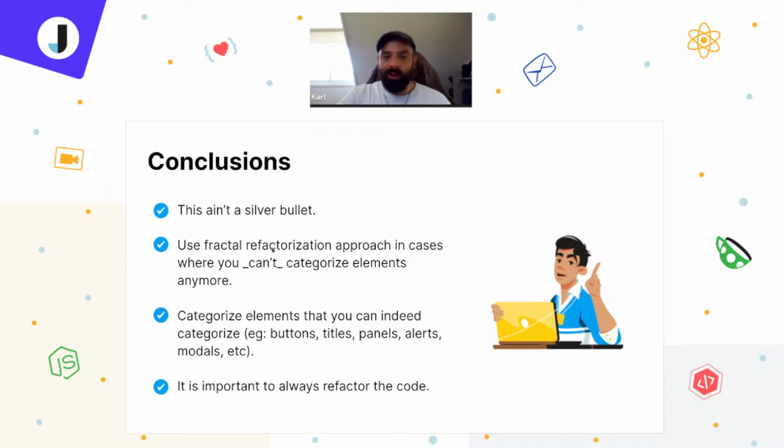So use the fractal refactorization approach in cases where you can't categorize elements anymore, and categorize the elements that you can indeed categorize. That is what I meant. You can indeed categorize buttons with different colors. So here you can use OOP, it is fine for creating interfaces and things like that.